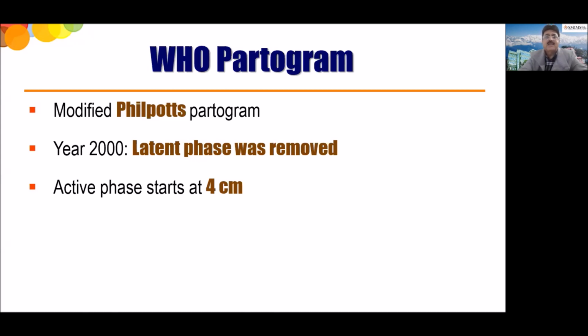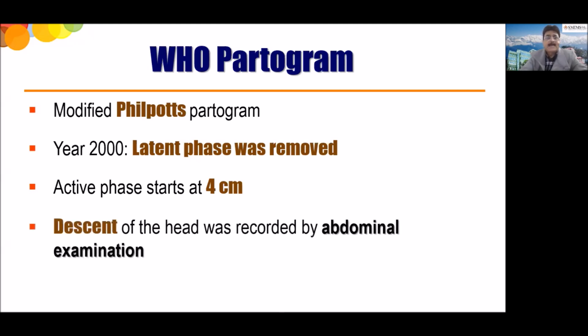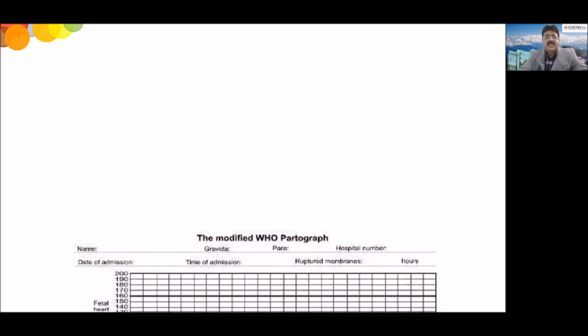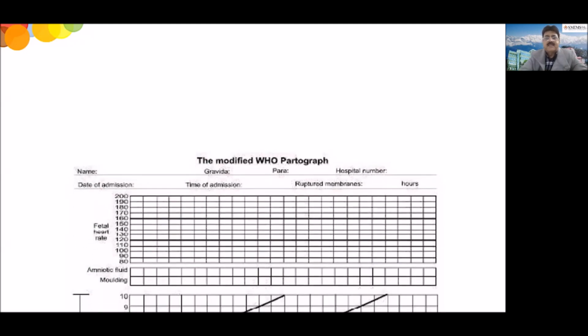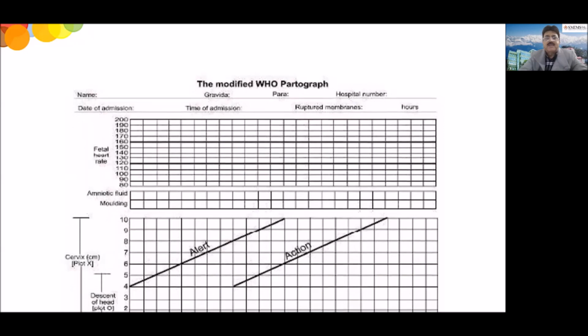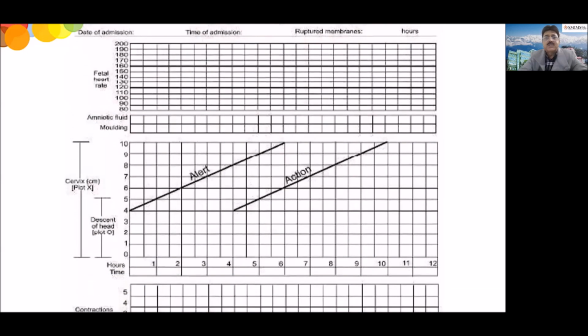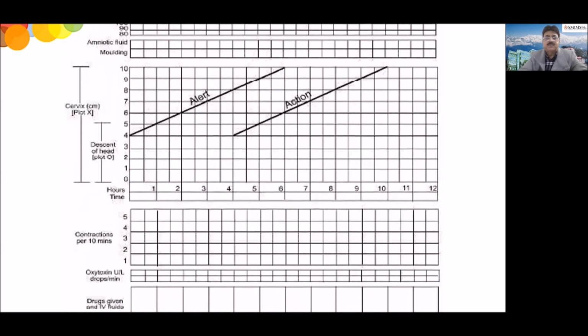So we are still using 4 centimeters as the starting point. Descent of the head was recorded by abdominal examination instead of per vaginal examination. Now it became a little easier. So this is the modified WHO partogram that all of us are using right now.